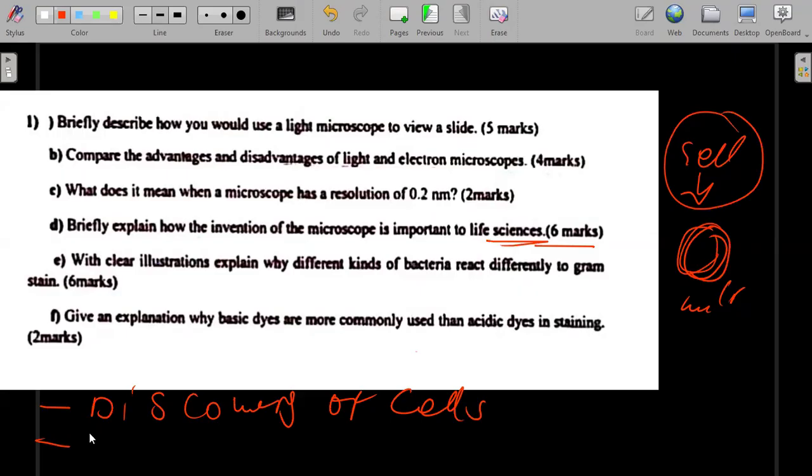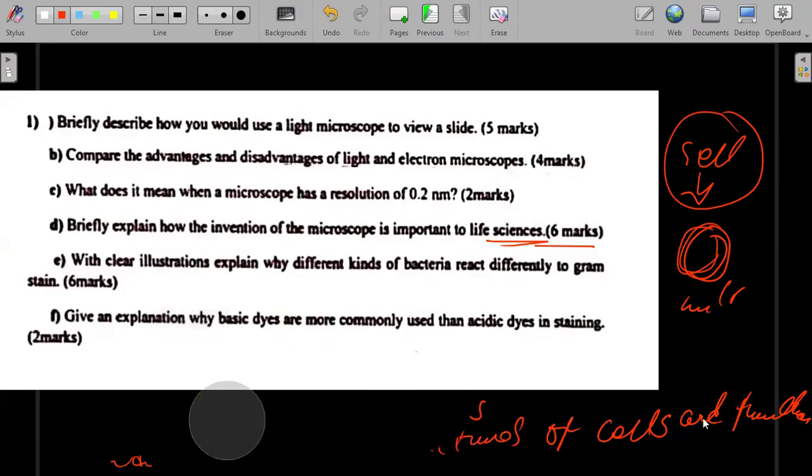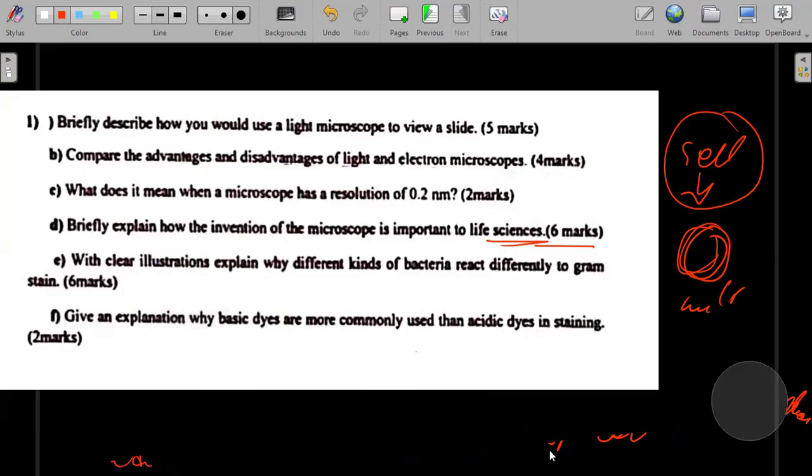So we can use it to understand the structures of a cell and their functions. That's another importance of microscope in science. Any other importance? So we have two here. Any other importance of microscope in science?